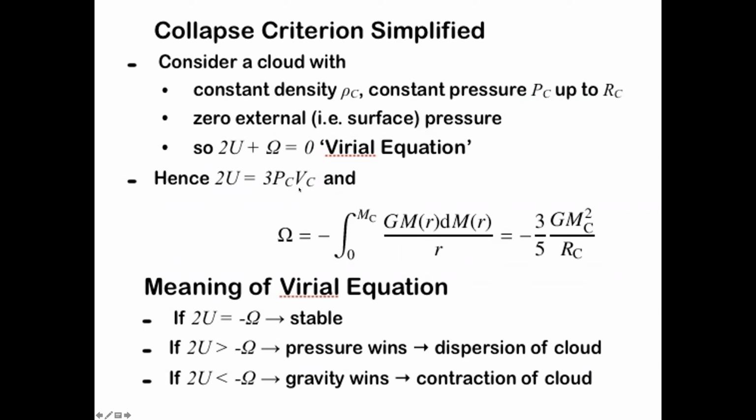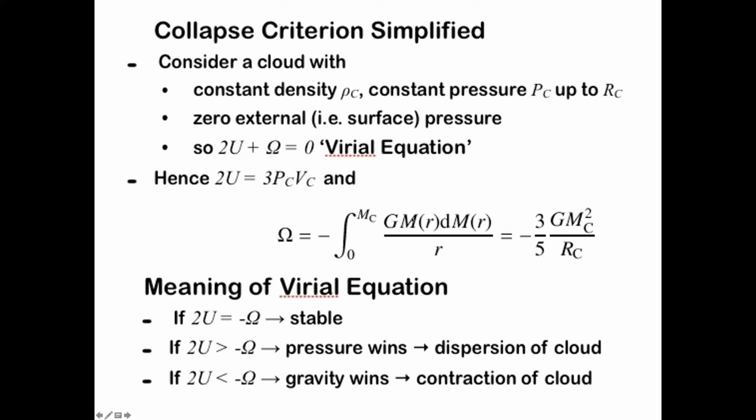And of course, you can also rewrite these terms in terms of the cloud pressure and the cloud volume. So 2U is equal to 3 times the cloud pressure and the cloud volume. This comes from the previous equations that I showed you, and the connection between pressure and U. And then for the Ω, if you want a value that is related to the mass and the radius of your cloud, you simply have to do the integral that we saw before of GM(r) dm over r.